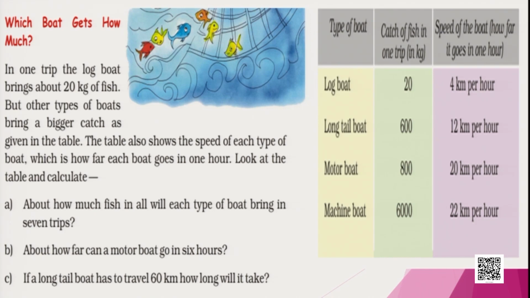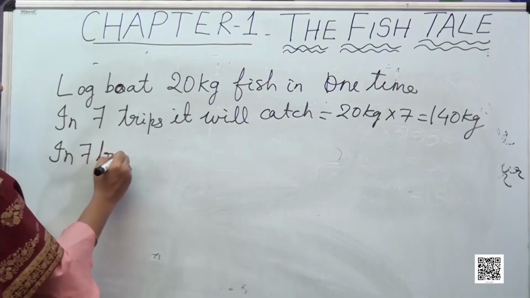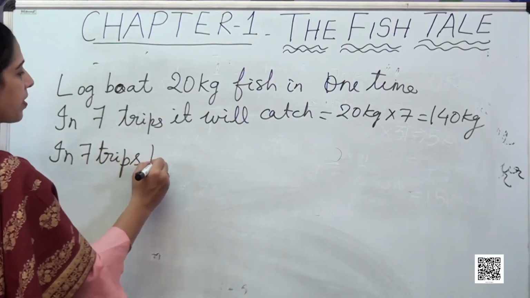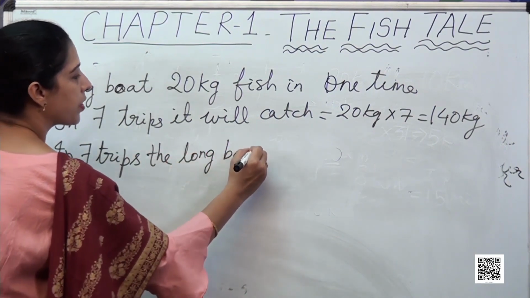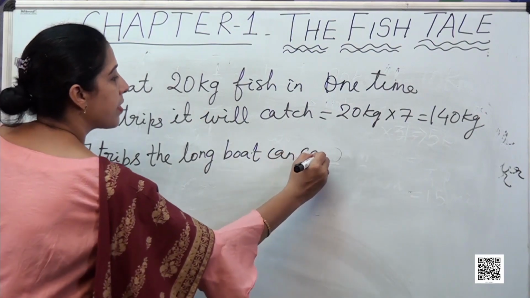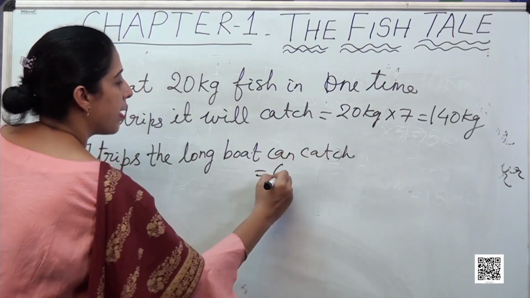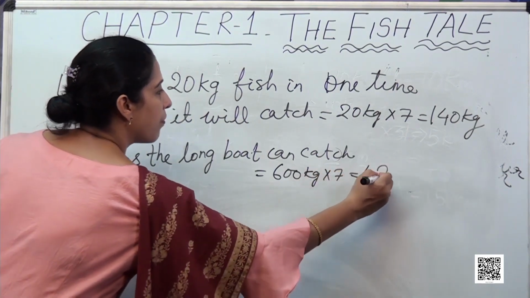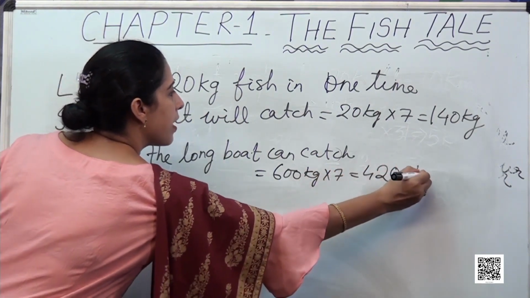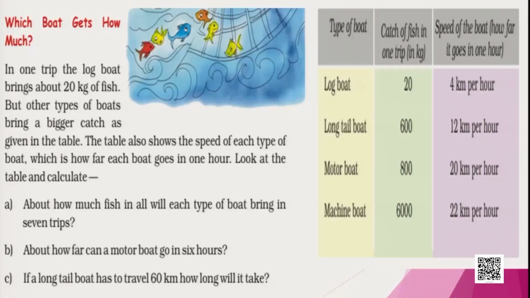So in 7 trips, the long tail boat can catch 600 kg into 7. That is a huge number, 4,200 kg of fish.